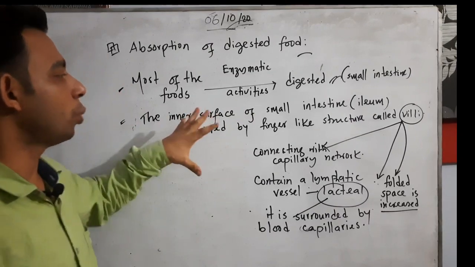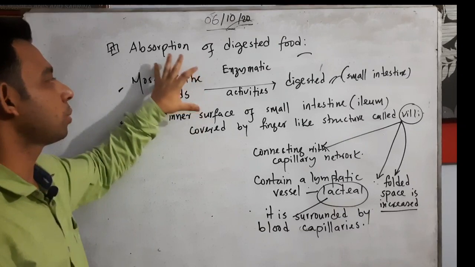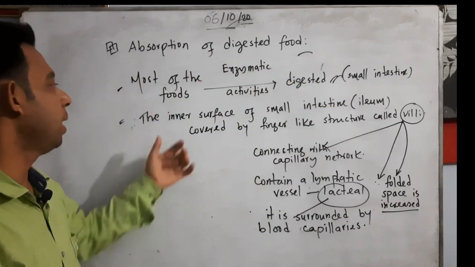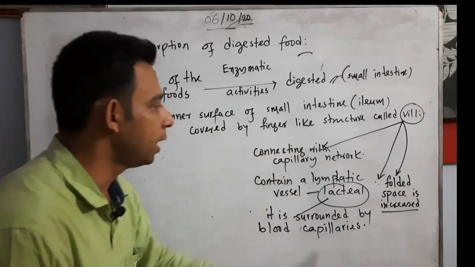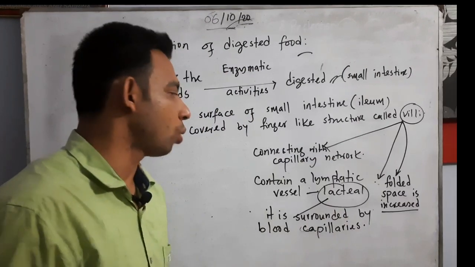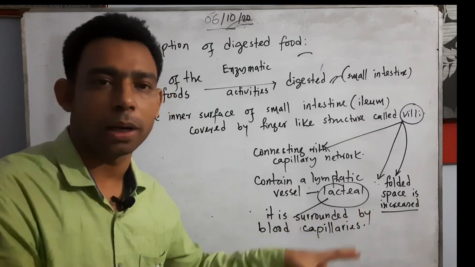So what we try to understand is that most of the food, as I told you, becomes digested by enzymatic activities in the small intestine. The inner surface of the small intestine is covered by finger-like structures, the villi, and the villi connect with capillary networks. They contain a lymphatic vessel, called lacteal, surrounded by blood capillaries.